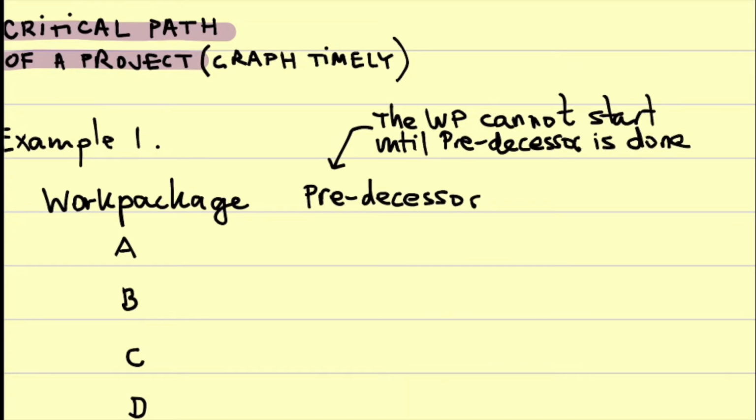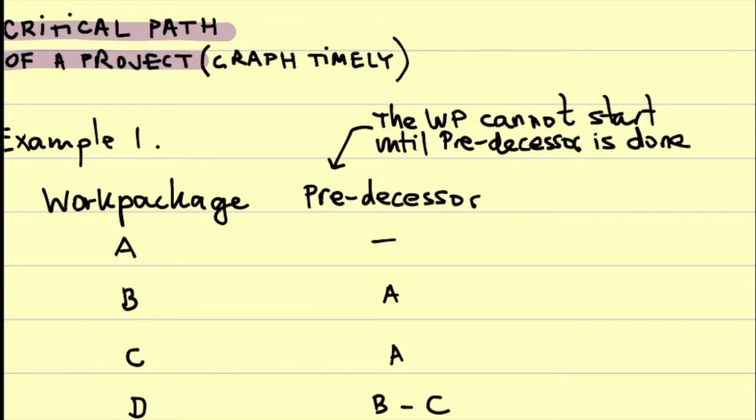The predecessor of A is none. The predecessor of B is A. Predecessor of C is also A. And predecessor of D is B and C.